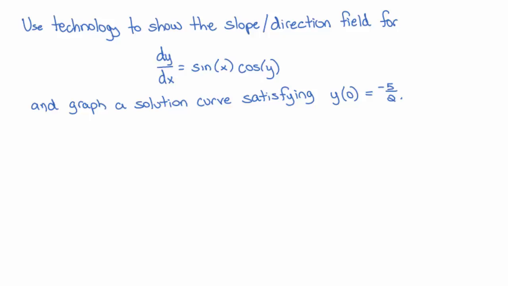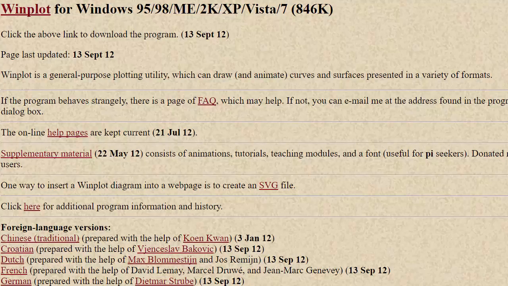Now, as far as modern technology, I haven't fiddled around with a lot of different programs to do this. I'm sure there are, but I use a program called WinPlot, and let me just show you that. So here is the website. All you need to do is Google WinPlot and you'll find this website.